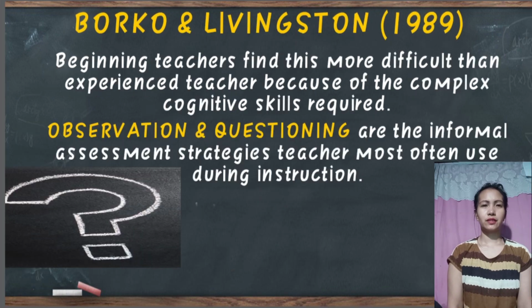Borko and Livingston, 1989. Beginning teachers find this more difficult than experienced teachers because of the complex cognitive skill required to improvise and be responsive to student needs while simultaneously keeping in mind the goals and the plans of the lesson. So observation and questioning are the informal assessment strategies teachers most often use during instruction.